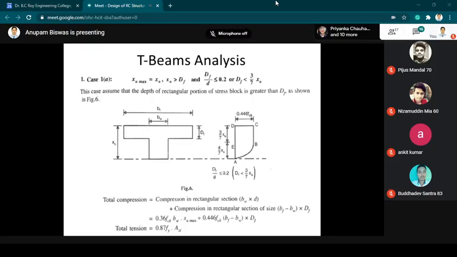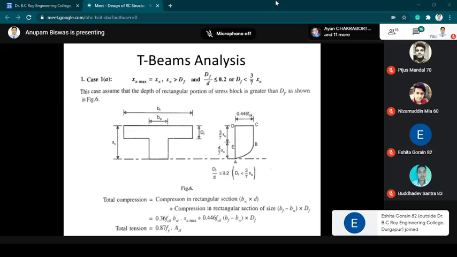As per the given condition, the depth of flange is completely lying on the rectangular portion, meaning the rectangular portion has a much greater depth than the depth of flange. So for this case, the total compression will be the compression of the rectangular section.